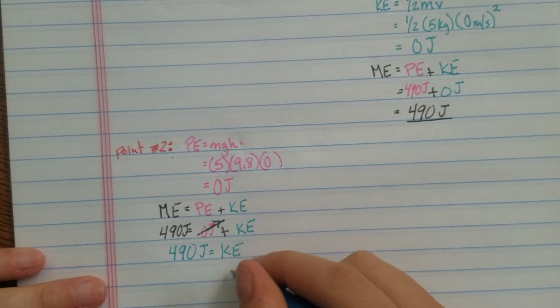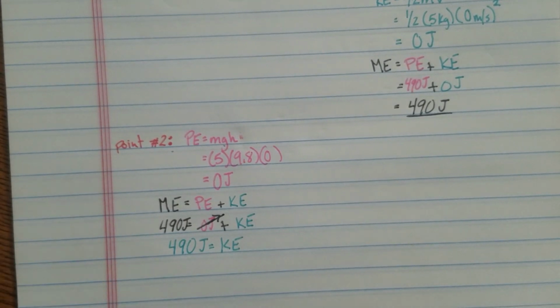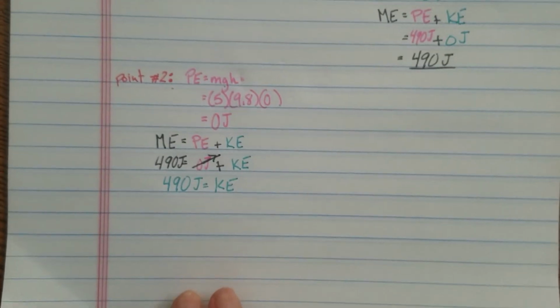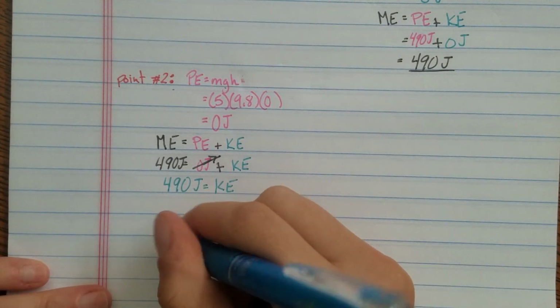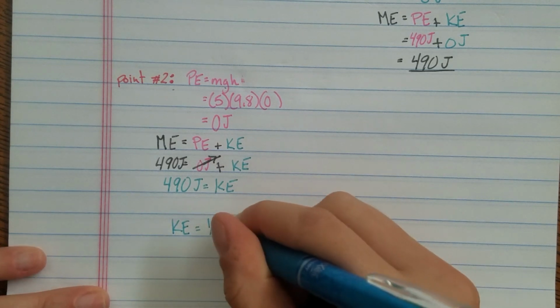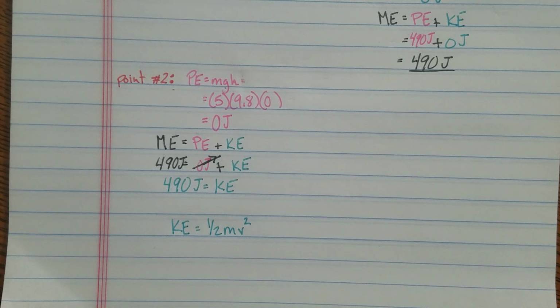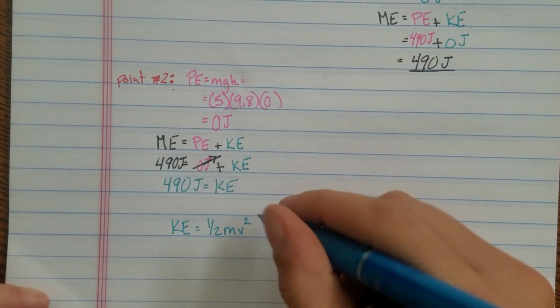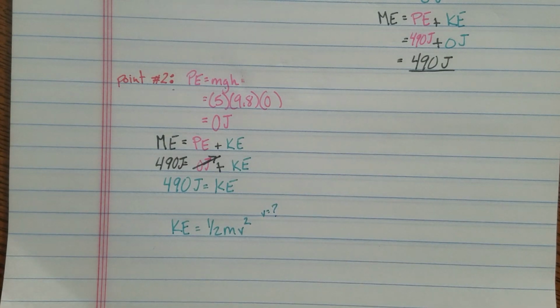So we know this is our new kinetic energy. Well, what if we need to know how fast it is? And you do need to know how fast it is today as part of your preliminary calculations. We know how to solve our kinetic energy equation for velocity. Velocity is unknown. So I'll make a note here. We're looking for V. We don't know what V is.